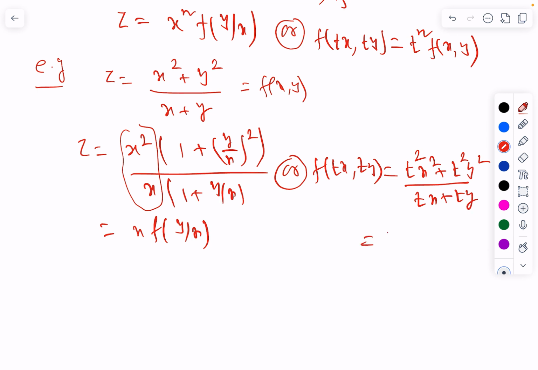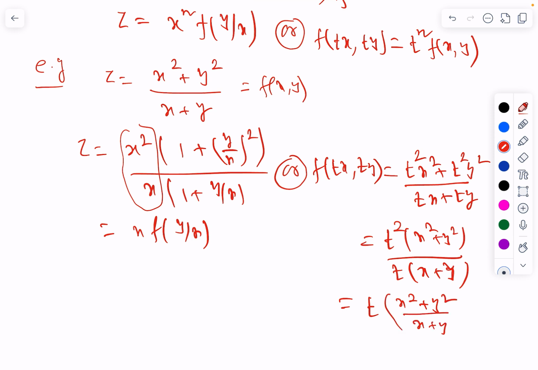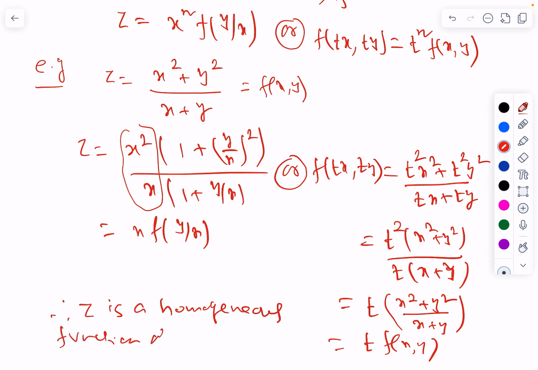We have t square outside here, x square plus y square, t outside, x plus y, and so we have t times x square plus y square over x plus y, so this is t times f of x y. And so we can say that z is a homogeneous function of degree 1.